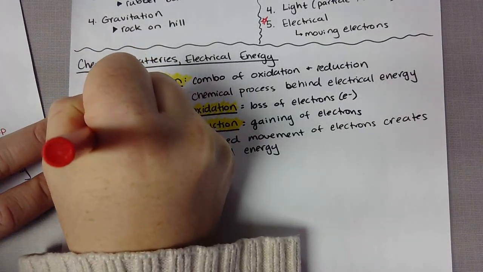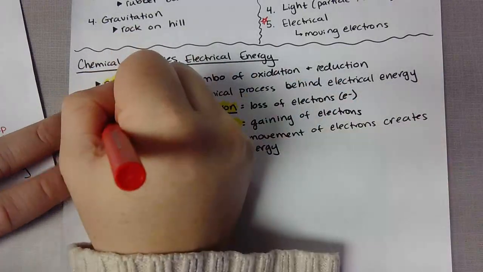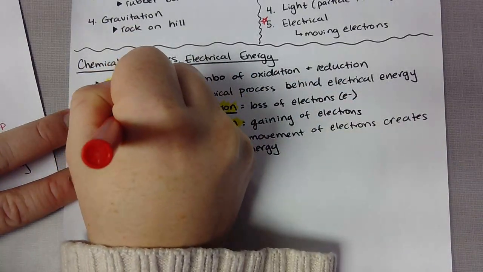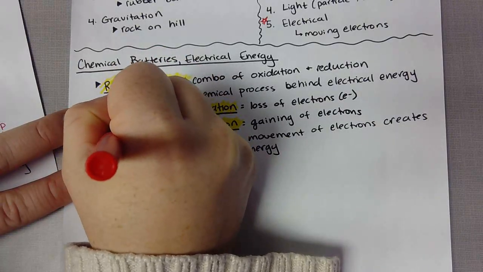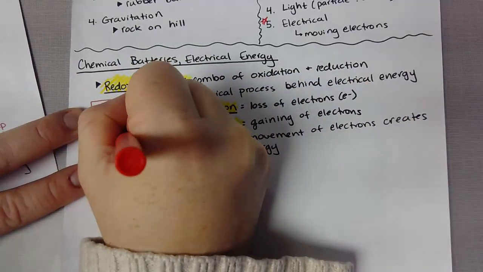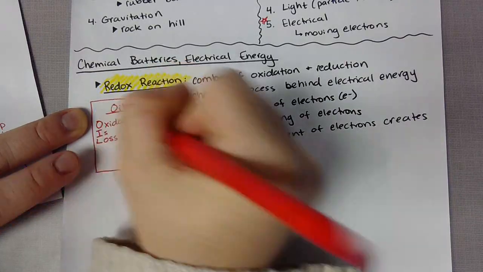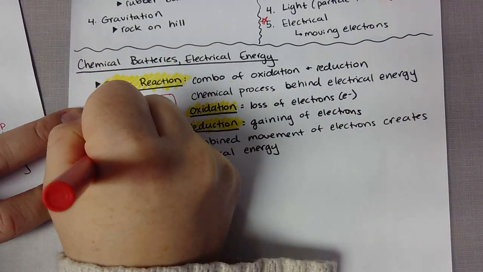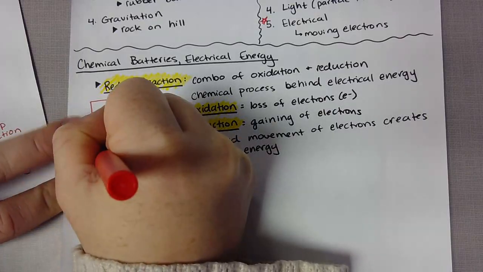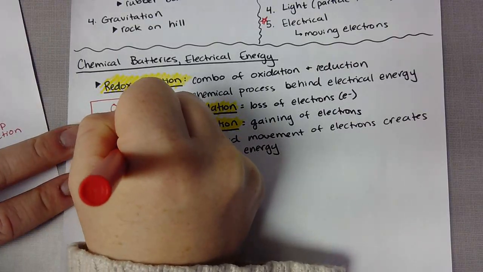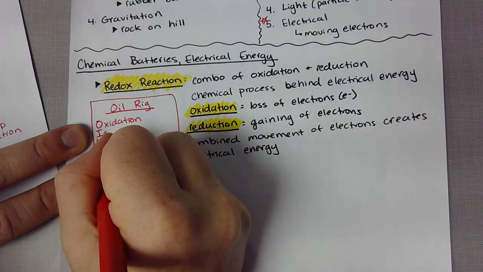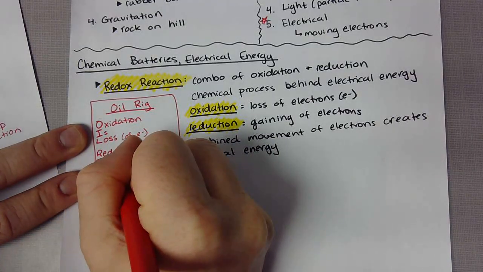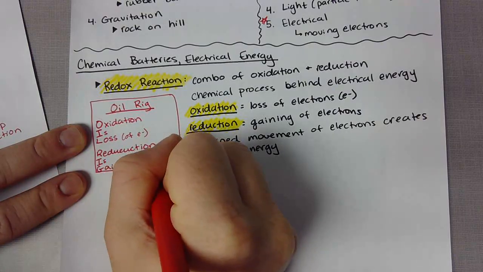Oil, OIL, means oxidation is loss, which is the loss of electrons, while rig means reduction is gain, which would be the gaining of electrons.